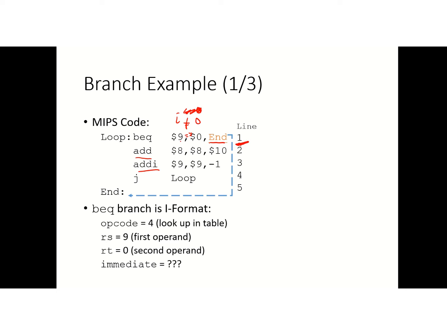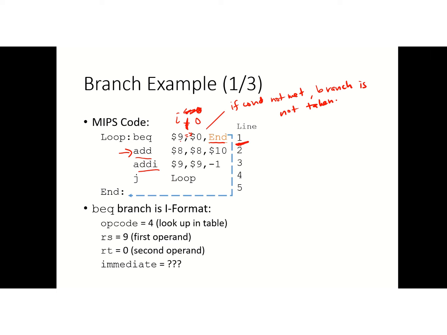But if it's not equal, then we execute the next instruction. So if the condition is not met, then the branch is not taken.